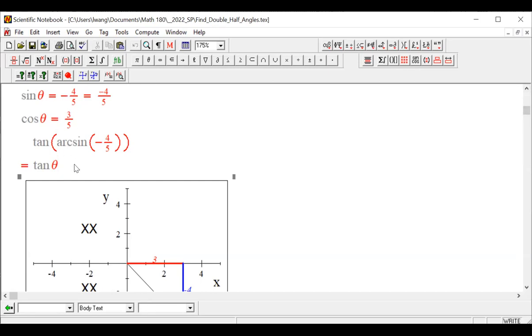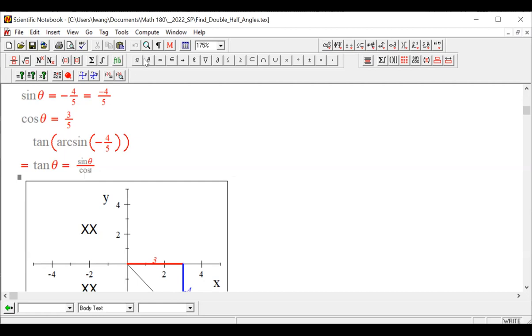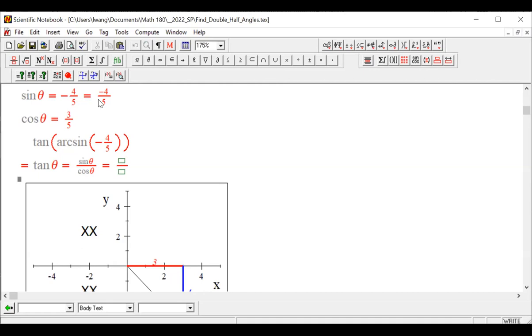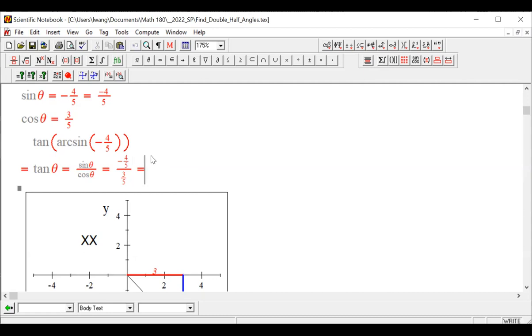As a result, tangent theta is just sine theta over cosine theta. So in the end, we just have to plug in the numbers. Sine theta is -4/5. Cosine theta is 3/5. And the final answer is going to be -4/3. We're done.